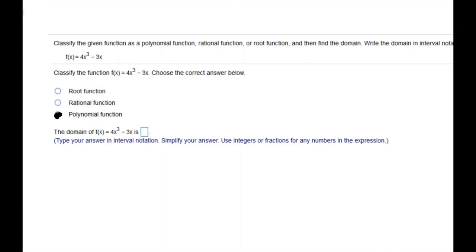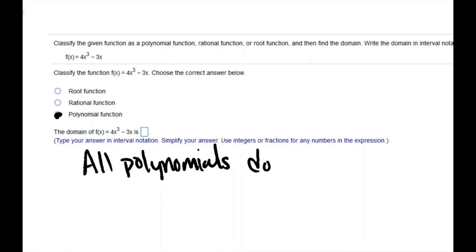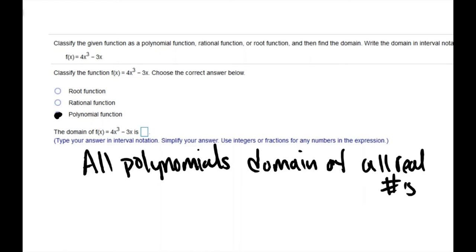And then once we decide that it's a polynomial function, we want to answer the second part, which is what is the domain of this function? So all polynomials will have a domain of all real numbers. So we don't really need to do any calculation on this one. It's more of a memorization thing.